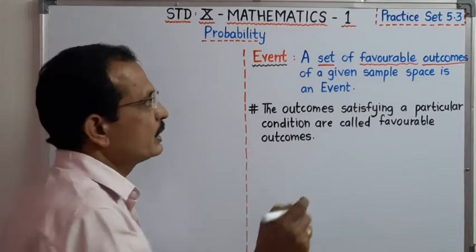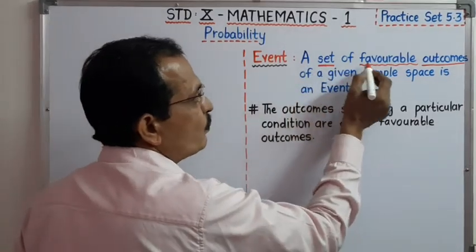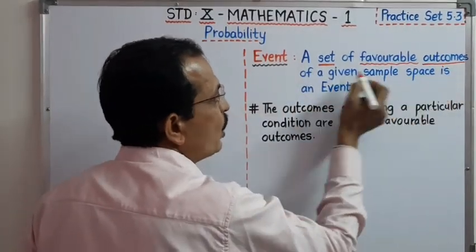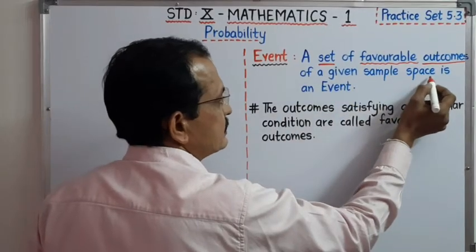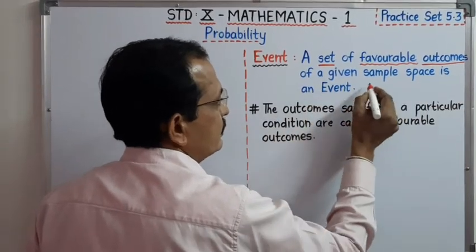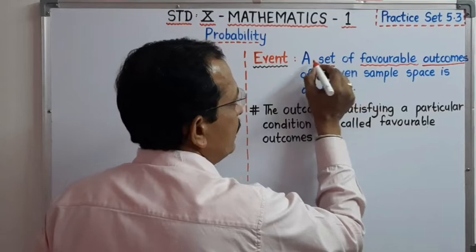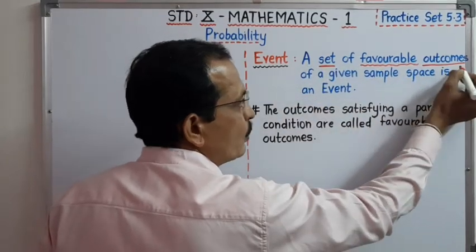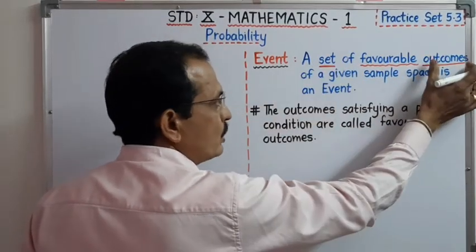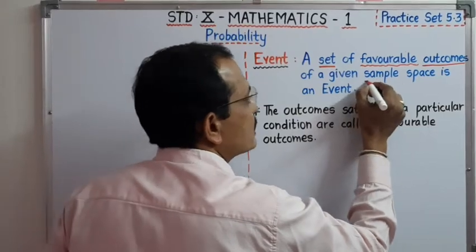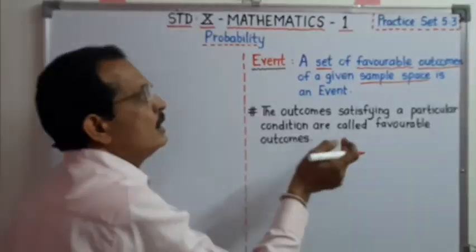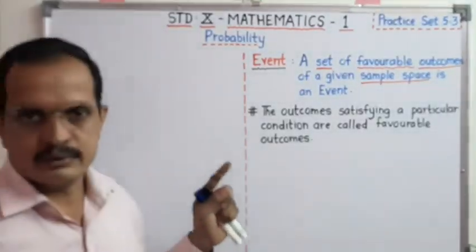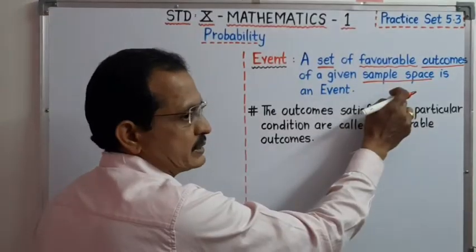A set of favorable outcomes of a given sample space is an event. That means we have to write the event from the sample space.